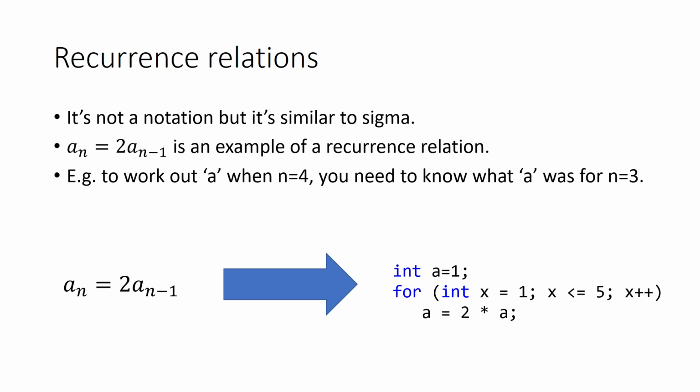But if we start with the first one, if a equals 1 at the start, then we can keep on going until we reach, for example, I've just picked this number out of thin air, but if we do this recurrence relation 5 times, then we'll go from 1 to 5, and each time a is going to be doubled, because we said 2a is the actual relation between them. That's recurrence relations in a nutshell. They can get pretty complicated though, but it's just a for loop.